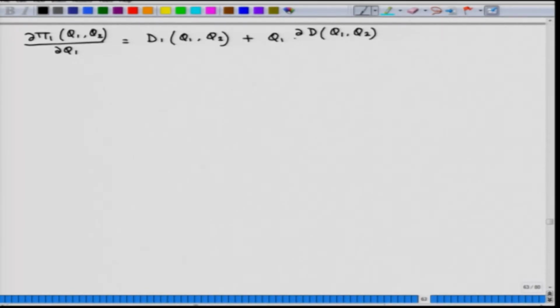So, this is the first order condition for my firm 1 or duopolist 1.